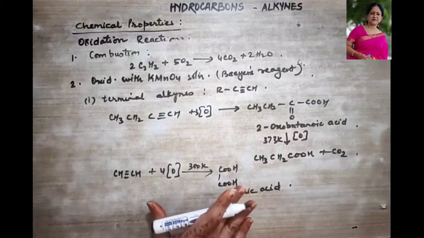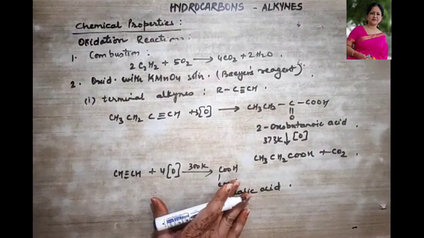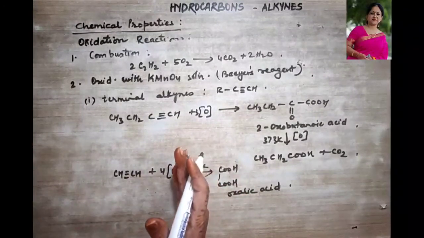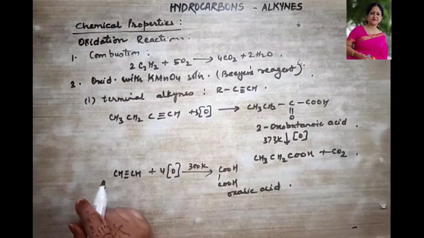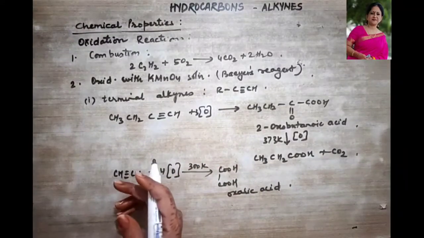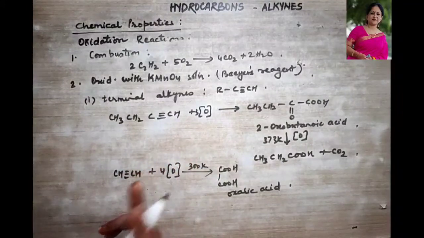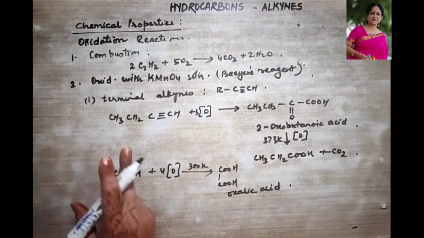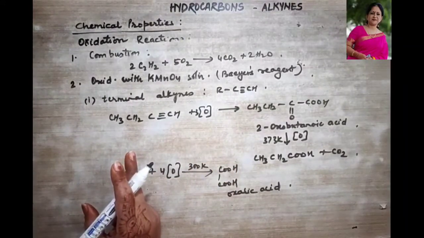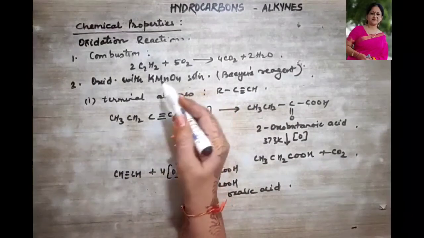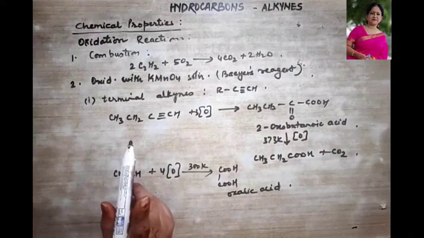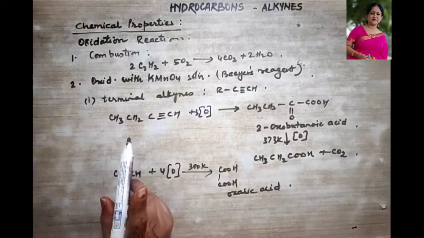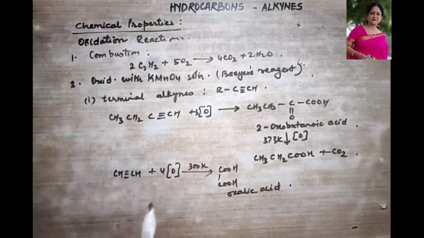Okay, so this I was talking about when we are using terminal alkynes. Suppose we are using non-terminal alkynes, then on oxidation they will react with hot KMnO4. They will not react with alkaline or neutral KMnO4.